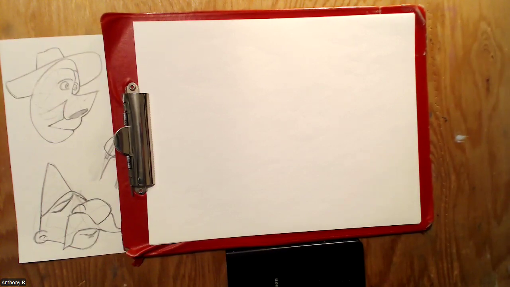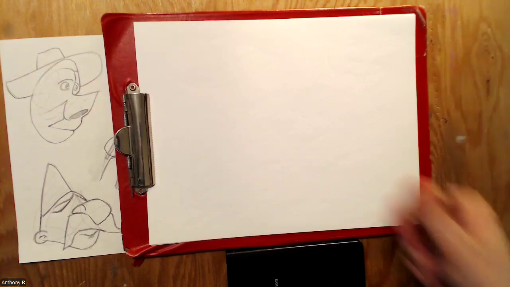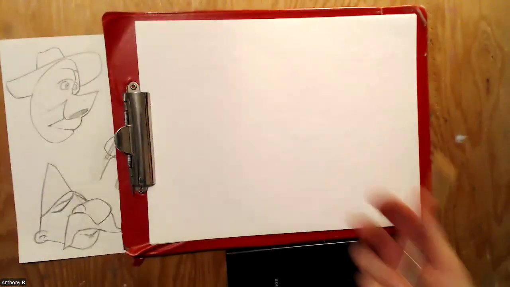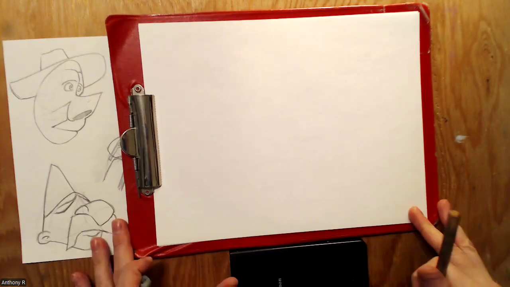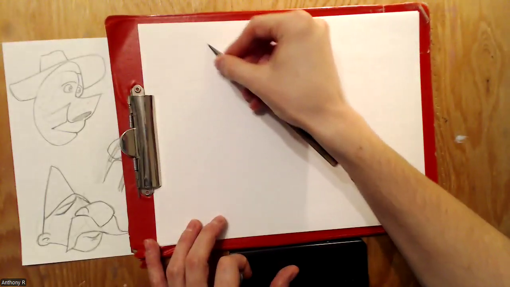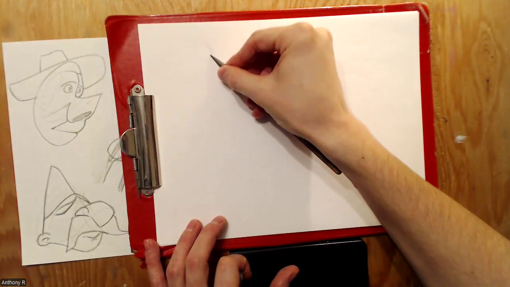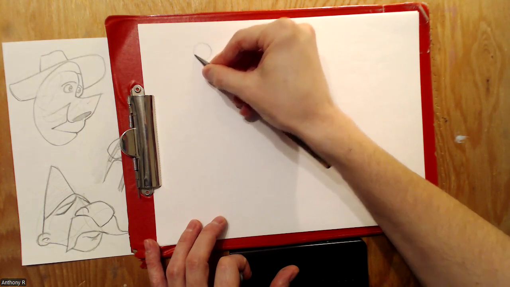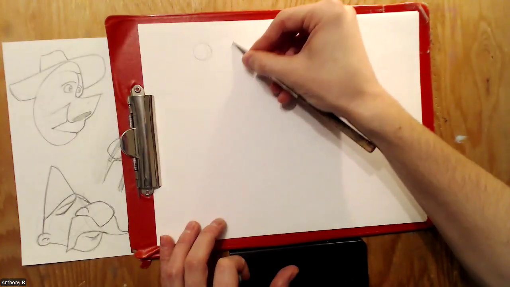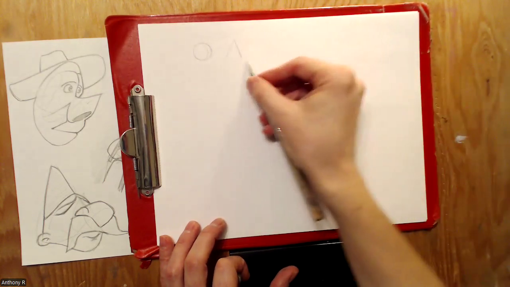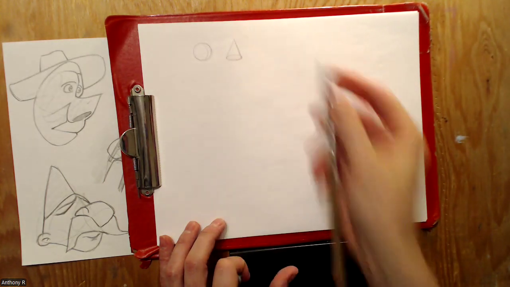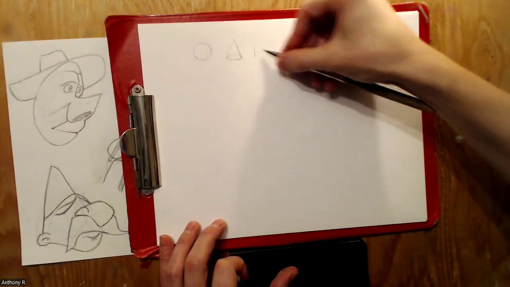So what we're going to do here is take either your Kleenex drawings or the scribble drawings, and we're going to use geometric shapes like the sphere, like the cone, like the cube.